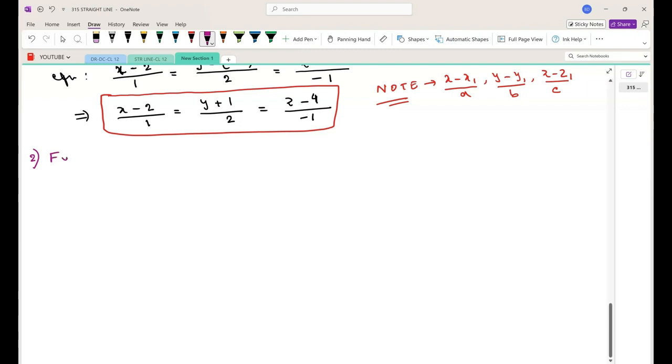Find vector and Cartesian equations. Okay, sorry. Let's do this.